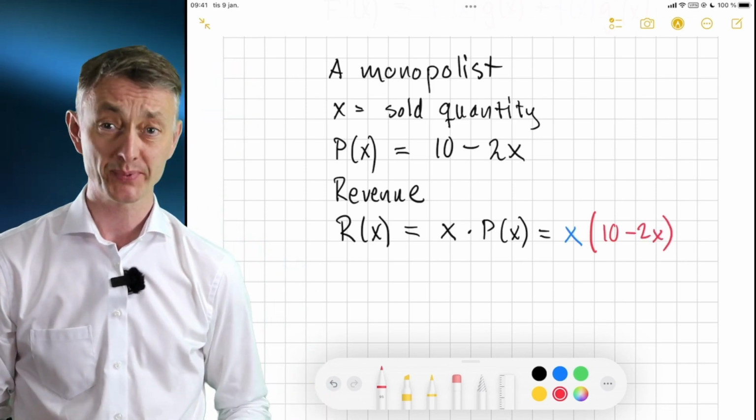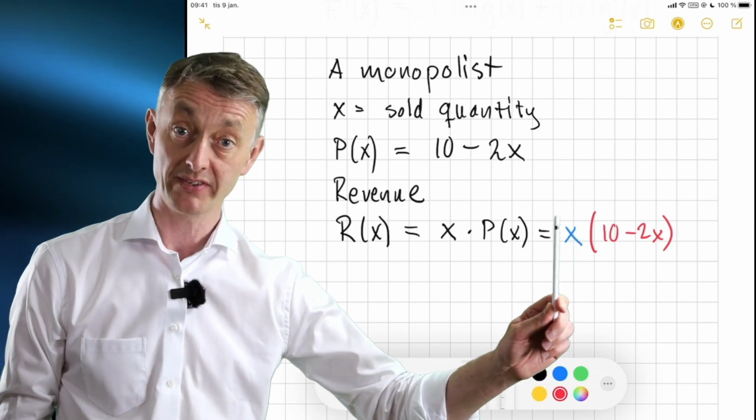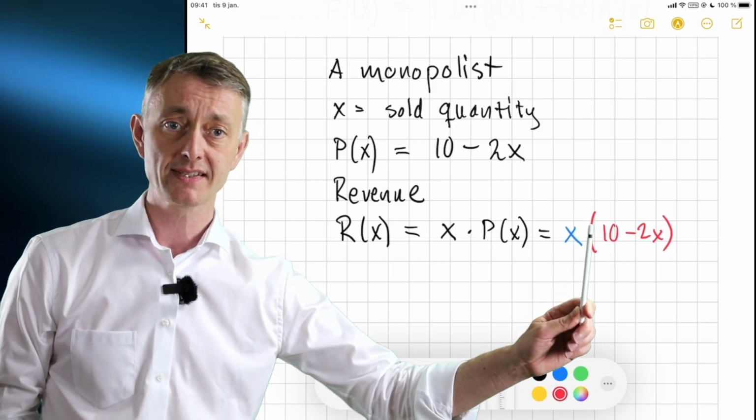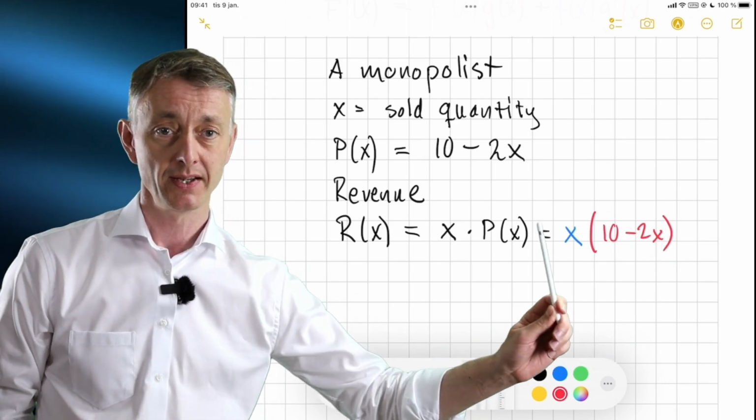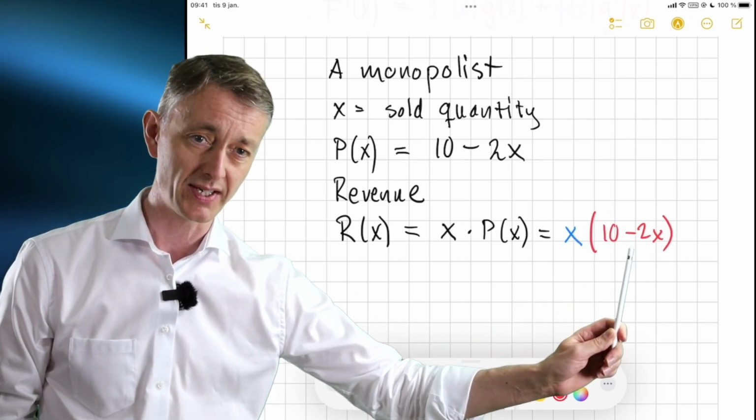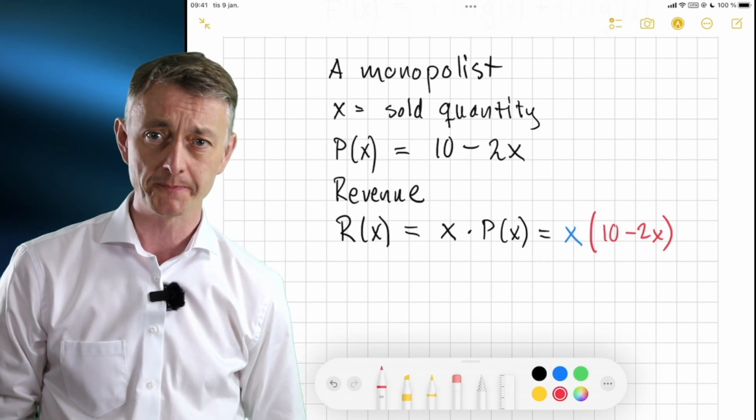So here we have a product, right? Here's one function of X, a very simple one, X, and this is the equation for the price. So quantity times price, that is revenue.